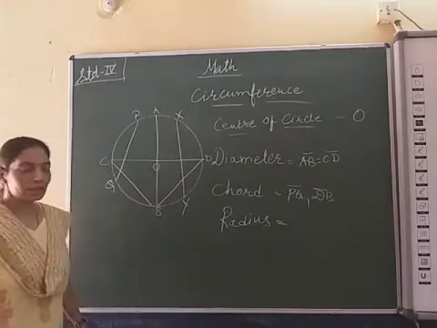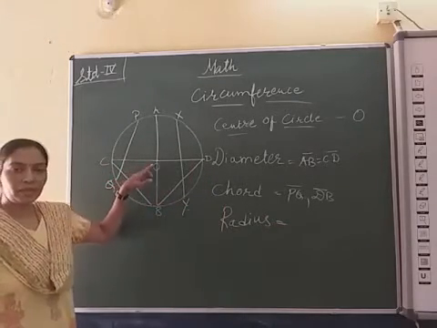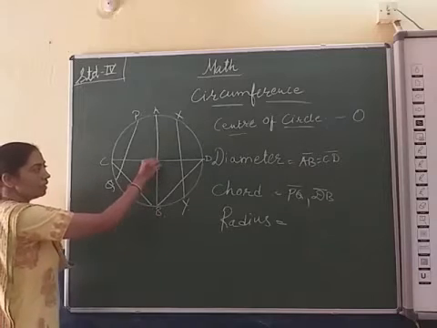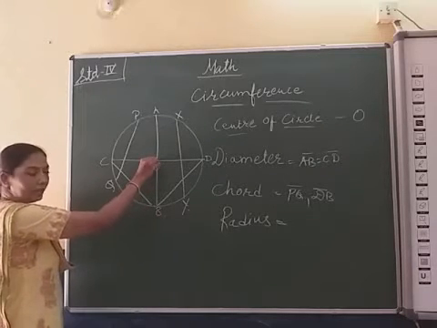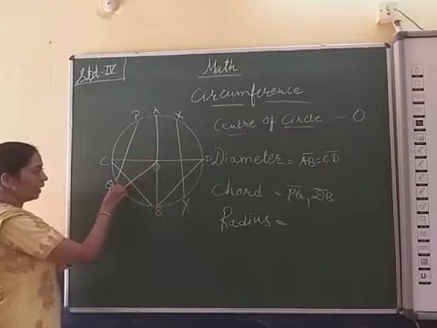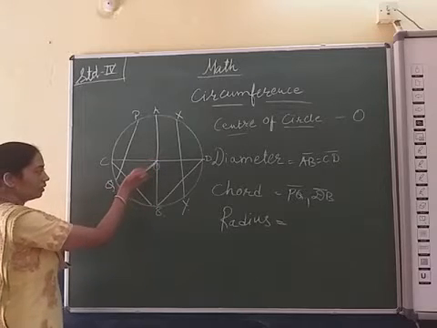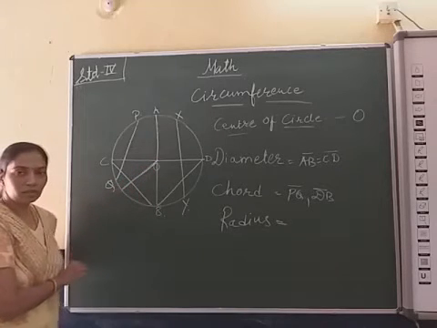The fourth one is radius. Now what is the radius? Radius is the line segment that starts from the center and its ending point is on the circle.